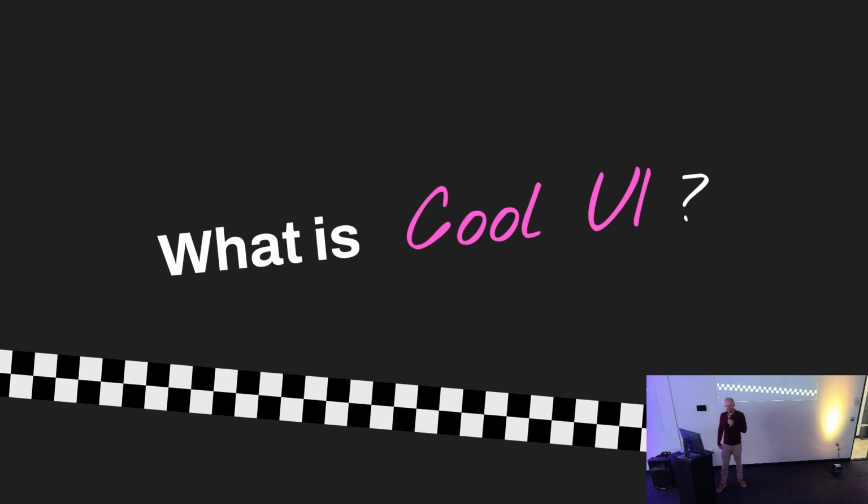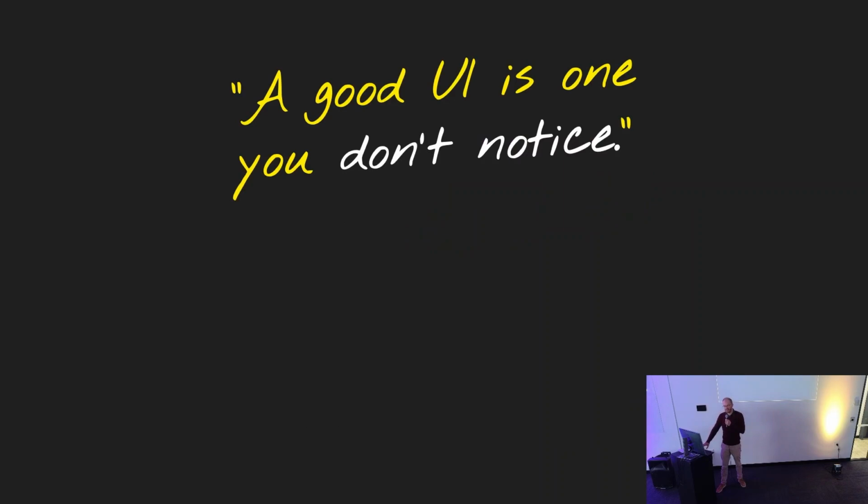Now, let's get into the topic at hand. What is cool UI? How many people have heard a variation of the phrase, a good UI is one that you don't notice? I think that does have some validity.